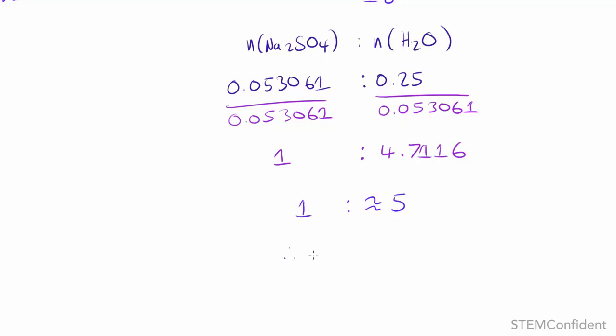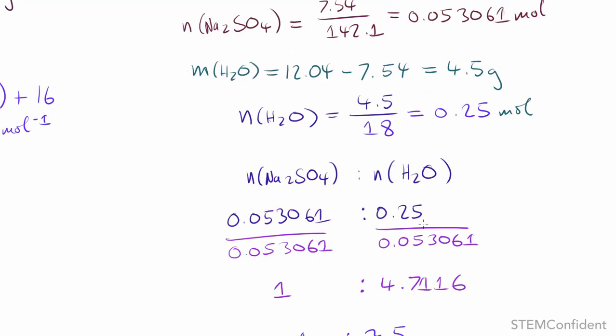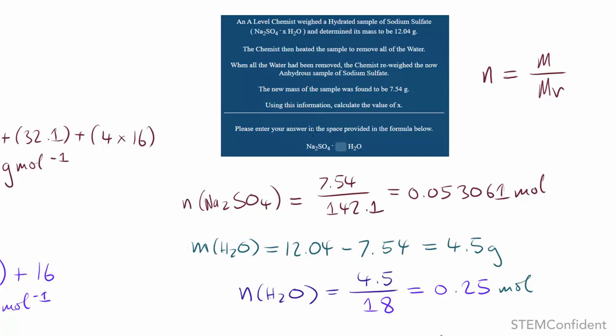And so we can say therefore x is equal to 5, and the formula is going to be Na₂SO₄·5H2O, okay? And so given x is 5, and we've been asked to provide the answer in the space here, I can just provide that. That is going to be 5, okay?